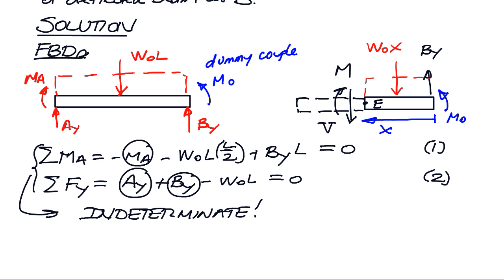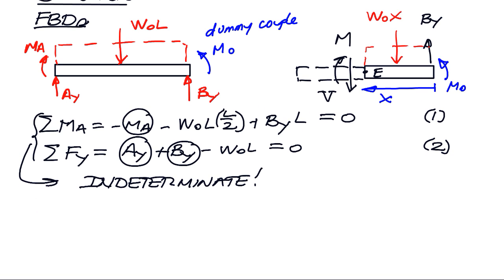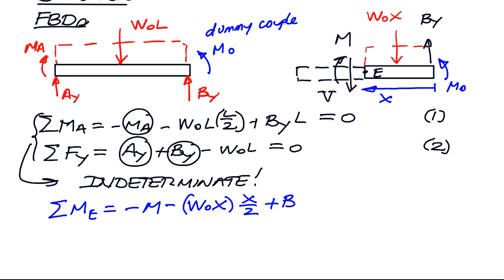So based on this, I'm going to write down a moment equation about this point E, and that's going to be the internal bending moment there of M with a negative sign in front. I got W0 X, that's the resultant force due to the line load. It has a moment arm of X over 2 with a negative sign in front. I get BY times X and the dummy couple there of M0.